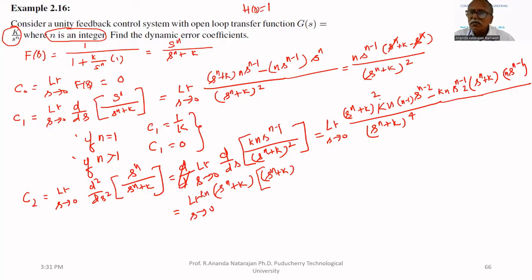Then (n minus 1) s power n minus 2 minus 2 times s power n minus 1, n also there, s power n minus 1.